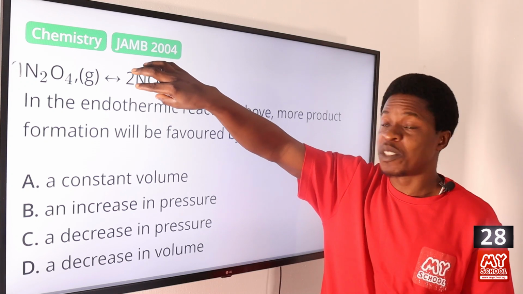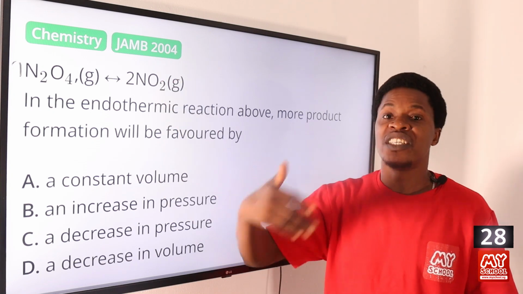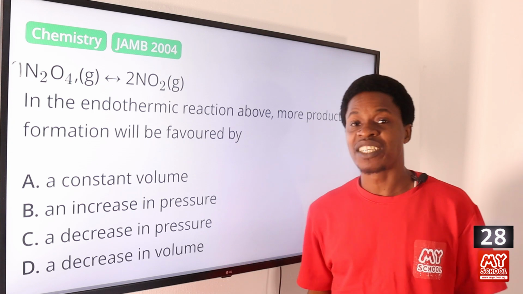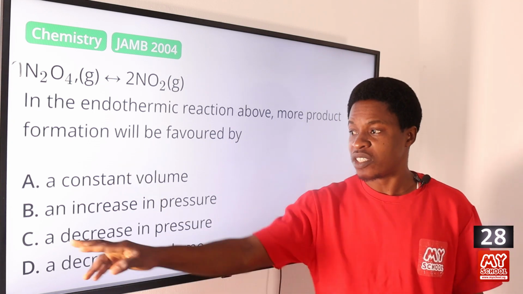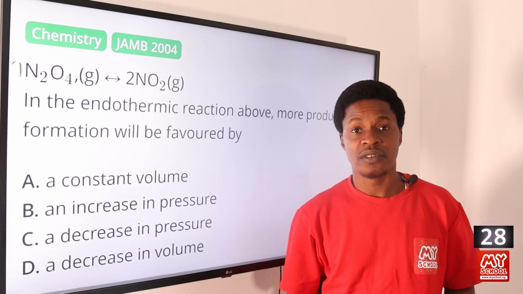So to have more of this product formed, we just need to decrease the pressure, and then more of this will be produced eventually. So option C is correct. Option D says a decrease. So among these options, the correct answer is option C, a decrease in pressure.